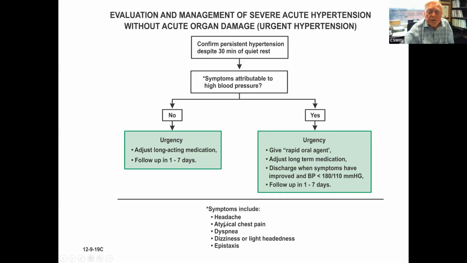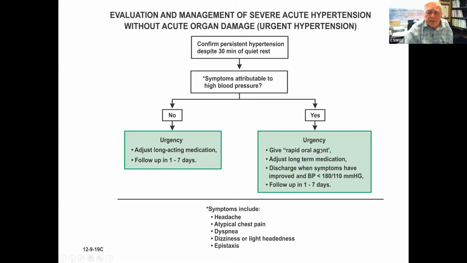The symptoms include headache, atypical chest pain, shortness of breath, dizziness or lightheadedness, or nosebleeds. These would suggest this is a little bit more than just benign hypertension and needs a little bit more attention, but not admission to the ICU and urgent intravenous treatment.